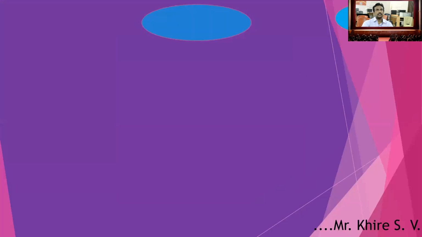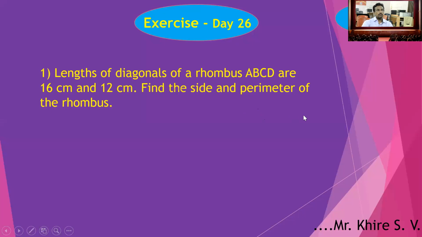Next and last session of our class is homework or exercise for day 27. There is 26 by mistake, it is given. Exercise or homework for day 27. Question number 1.